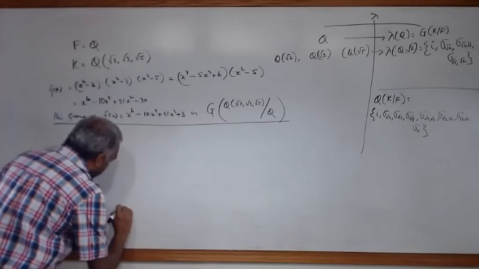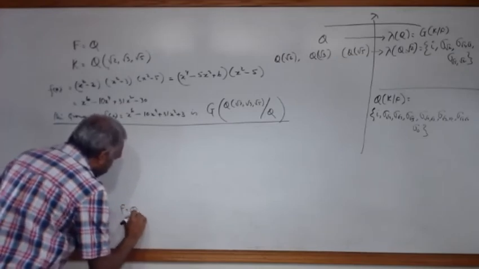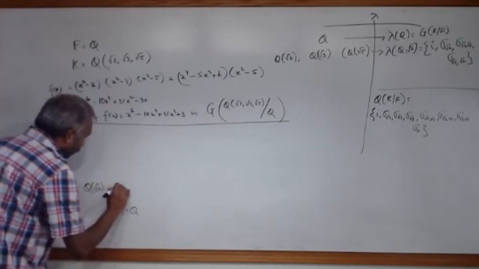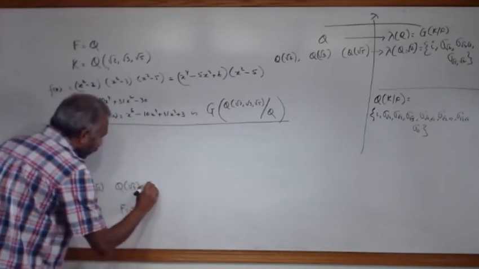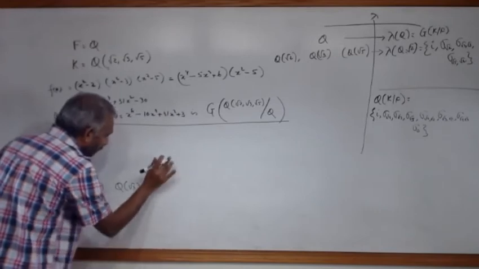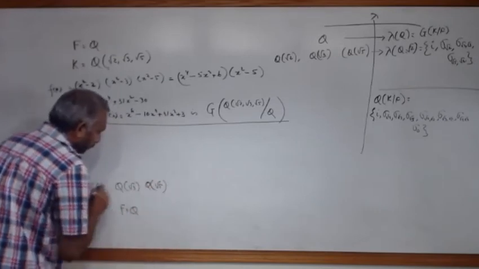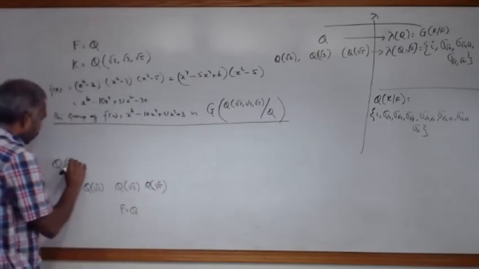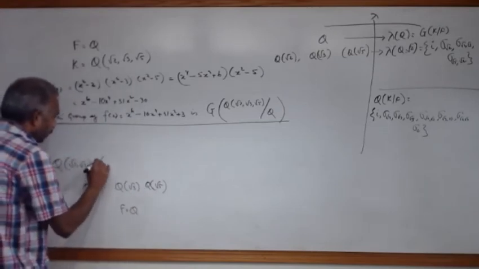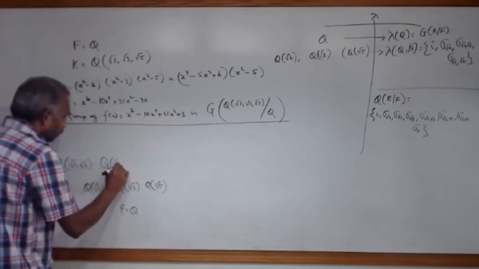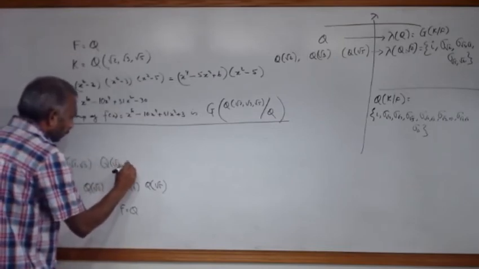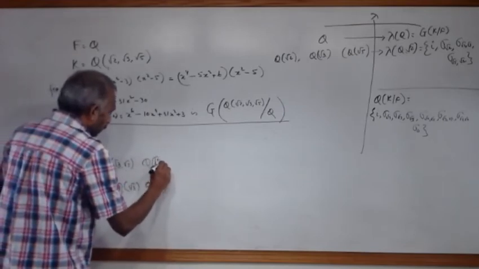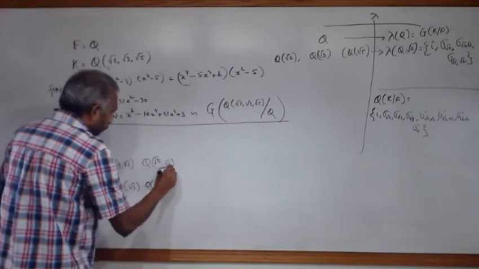It is F is equal to Q. Then you have Q root 2, Q root 3, Q root 5. These are all extensions of Q. And you have Q root 2 root 3, Q root 2 root 3 root 5, Q root 5 root 2.